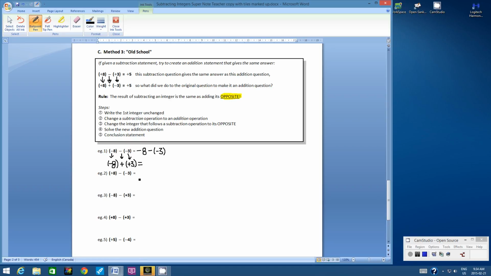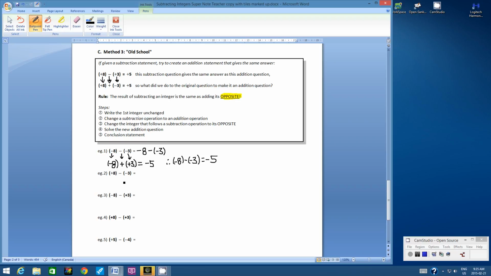Like I said, if you're really good at addition, this question is a lot easier to do than this question. Negative 8, 8 negative tiles, plus 3 positive tiles equals negative 5. Therefore, negative 8 subtract negative 3 equals negative 5.